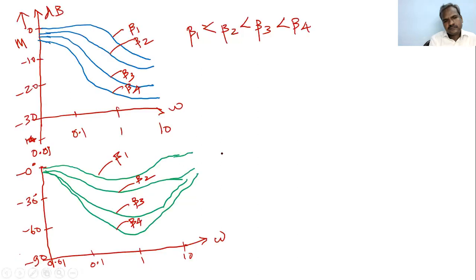Here also, beta 1 is less than beta 2, less than beta 3, less than beta 4. So this is the phase response when the beta value is varying. Understand? When the beta value is varying.